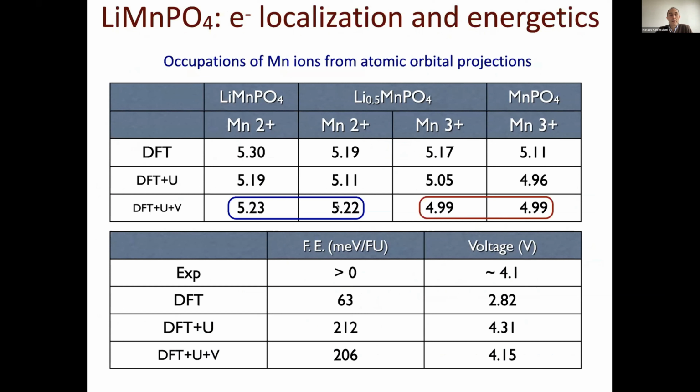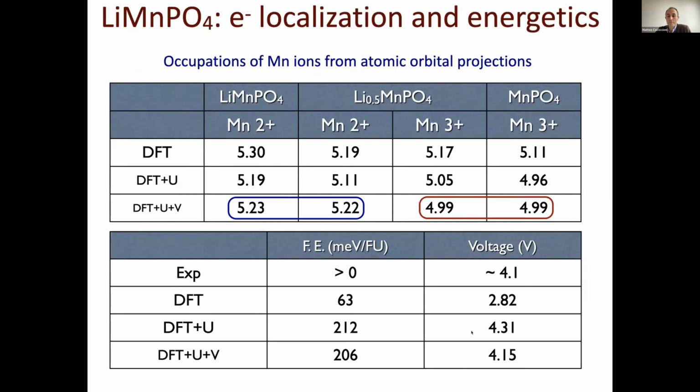Does it work? Well, pleasantly, the answer is yes. And we see that at intermediate lithium concentration, we again achieve a mixed valence ground state with 2+ having basically the same occupation number as the 2+ in the fully lithiated material, and the same thing for the 3+. And the voltage also improves.